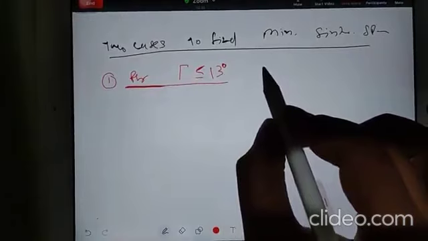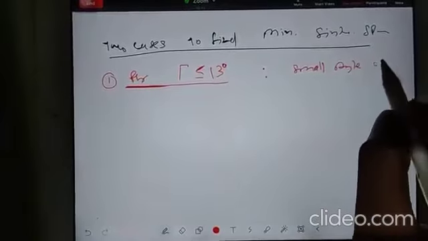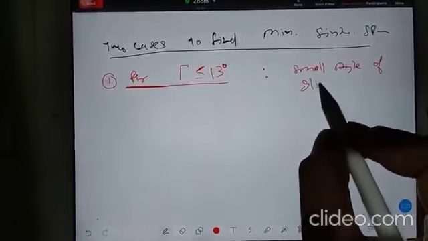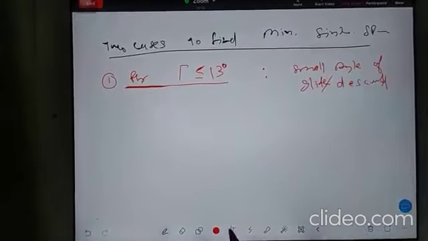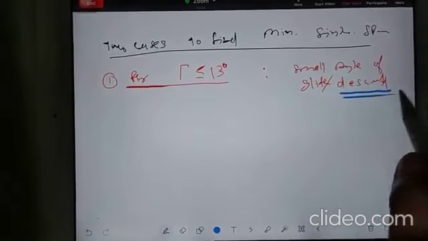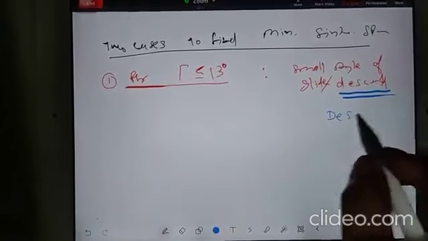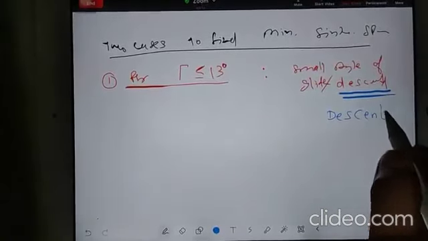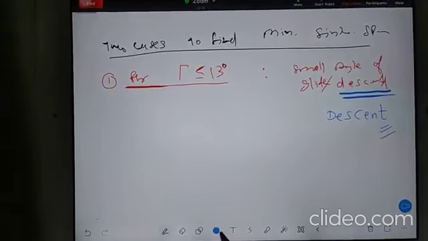This kind of angle is considered a small angle of glide or descent. What is the spelling of descent? C and T or D? This. Okay, so this is correct.